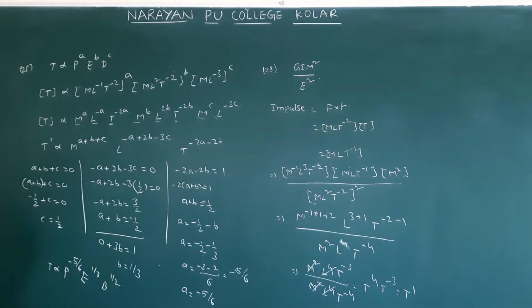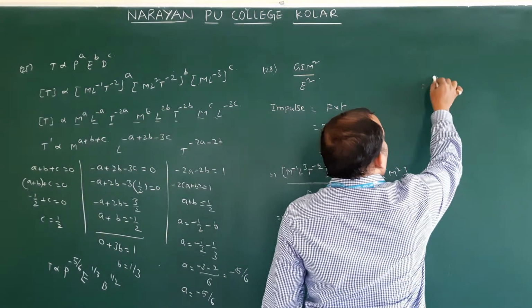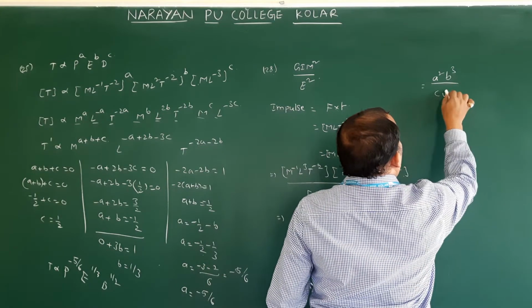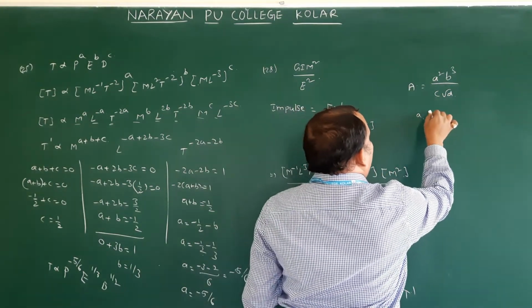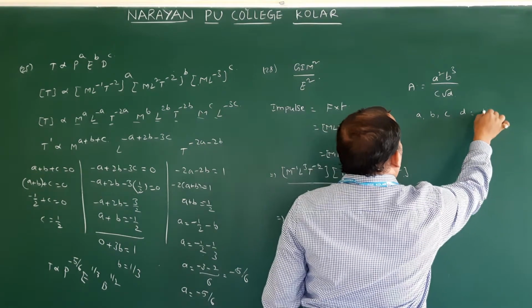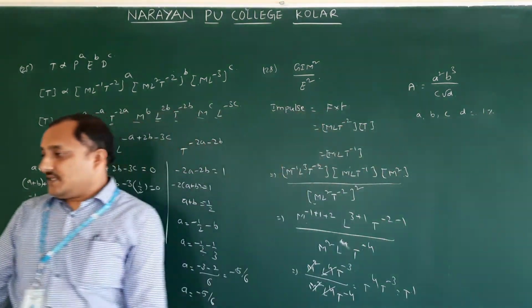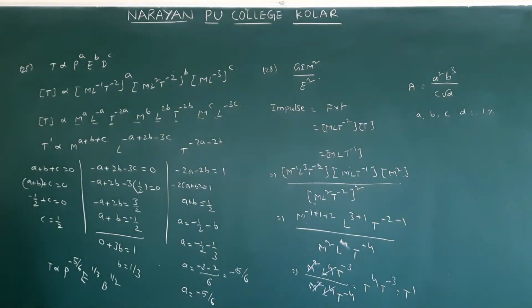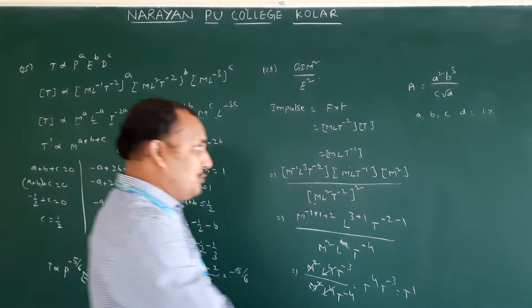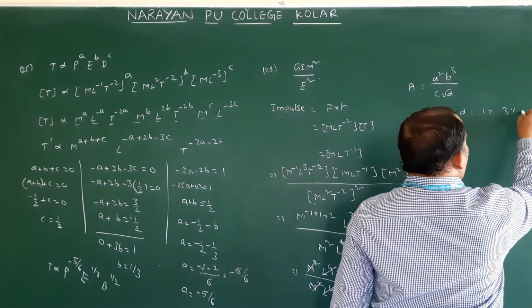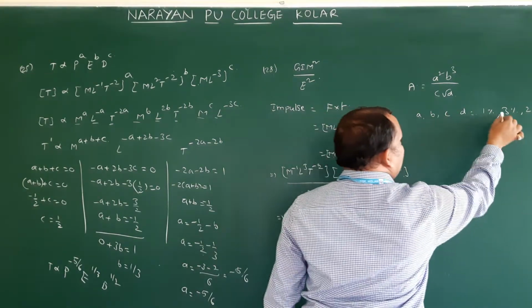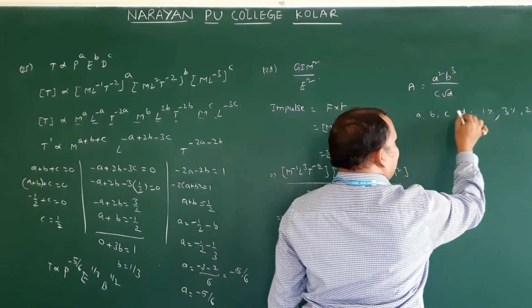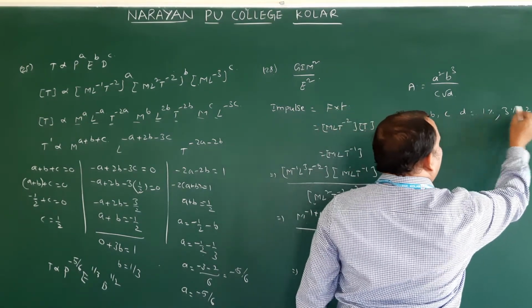So capital A is equal to a square b cube by c root d.